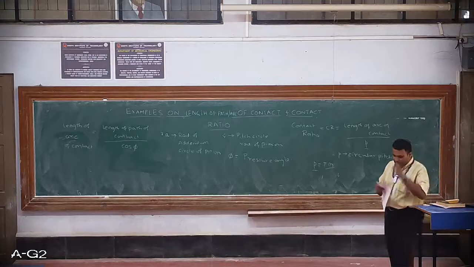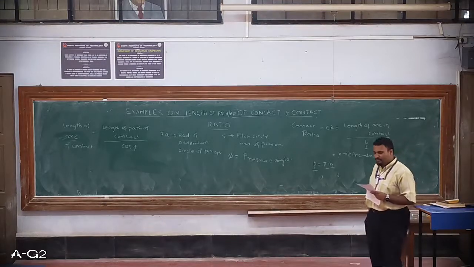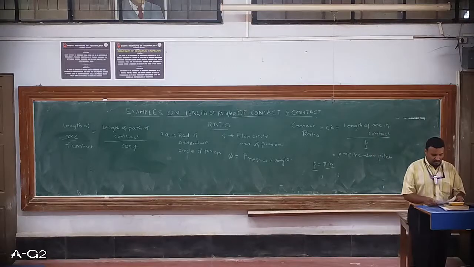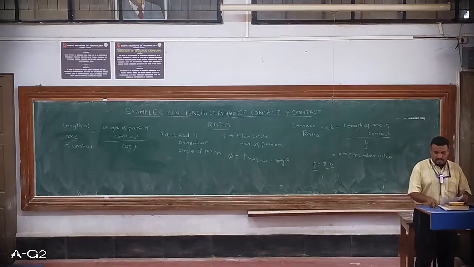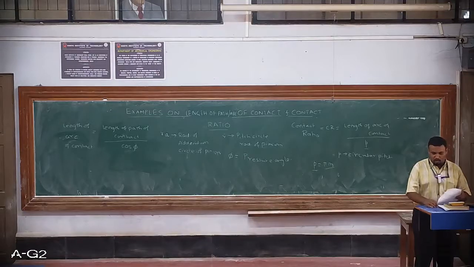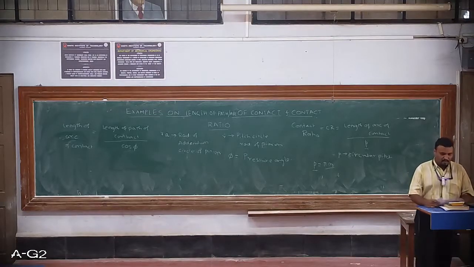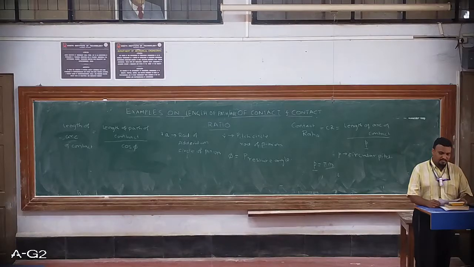So here you can note down the first example. I'll dictate this example. You can take down this problem statement in your notebook. The number of teeth on each of the two equal spur gears in mesh are 40.